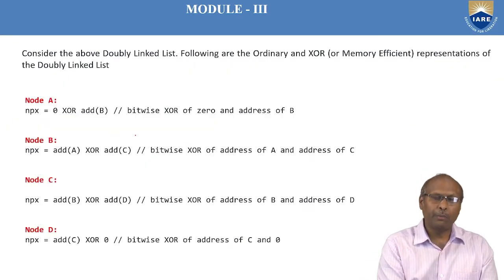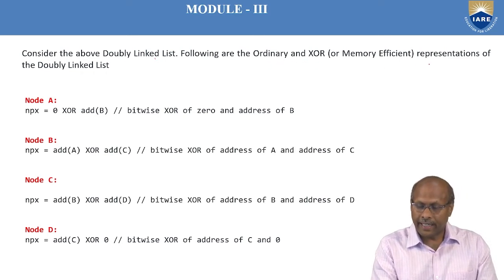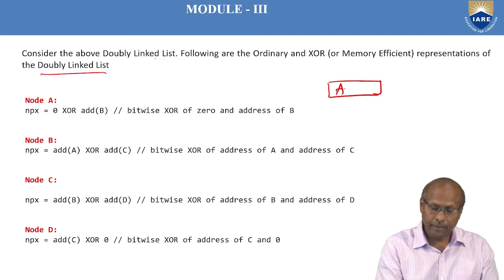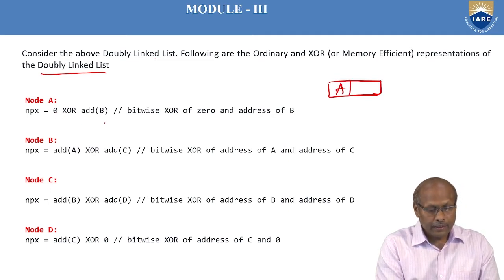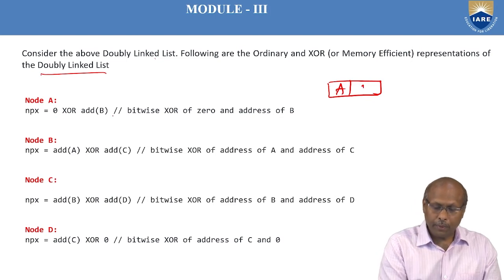You can consider one simple example. Consider a doubly linked list, with an ordinary and an XOR representation of the doubly linked list. Node A, the next pointer, how to calculate it? When A is the first node, there is no previous node.